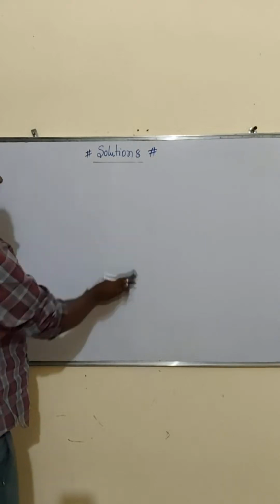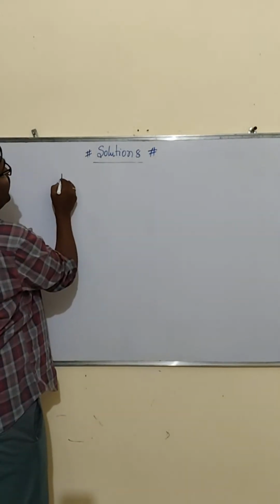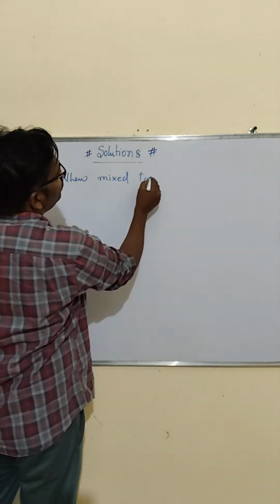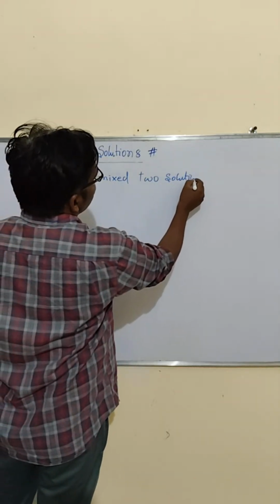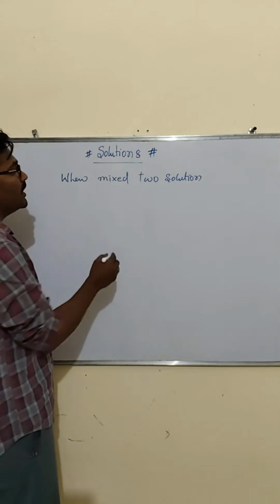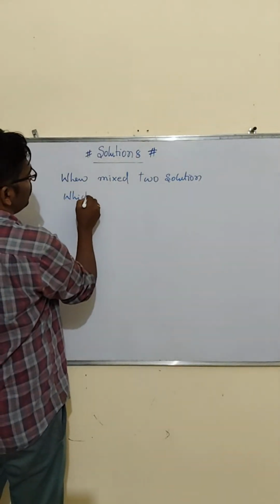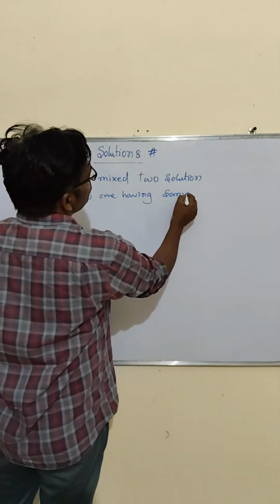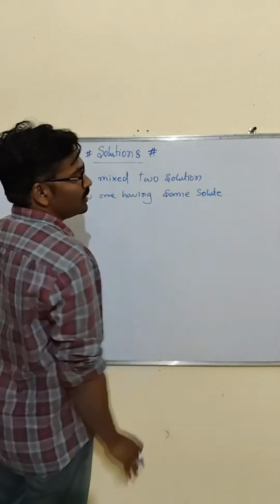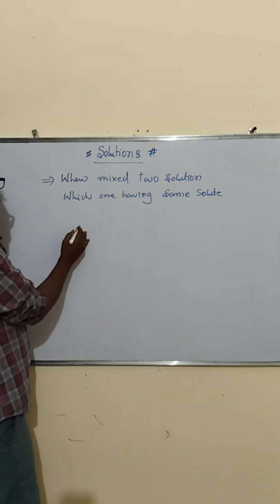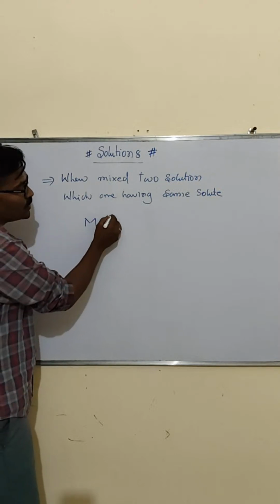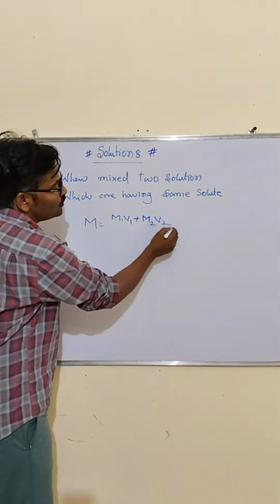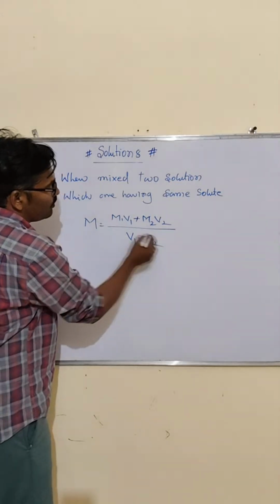Or when two solutions are mixed, which have the same solute, then how to find the molarity? That is capital M equals M1V1 plus M2V2 divided by V1 plus V2. This formula you have to use.